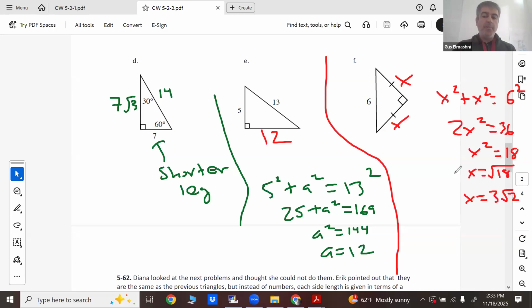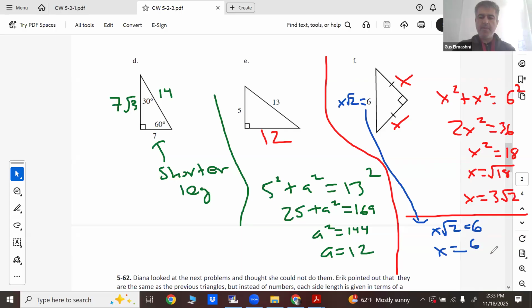You can do all that work if you want, or you could do this. Let that equal x root 2, and solve for x. You'll still get the same thing. Get 6 root 2 over 2, which of course is 3 root 2.